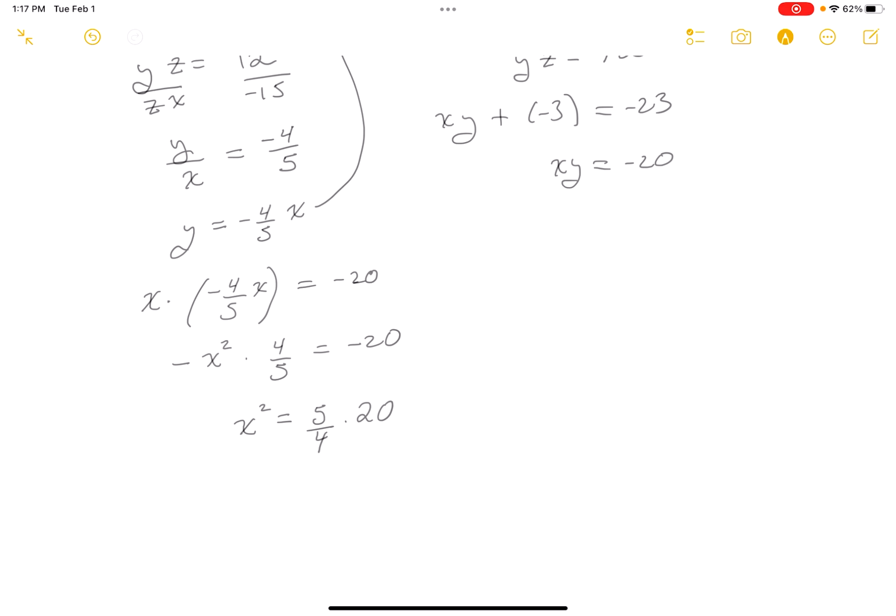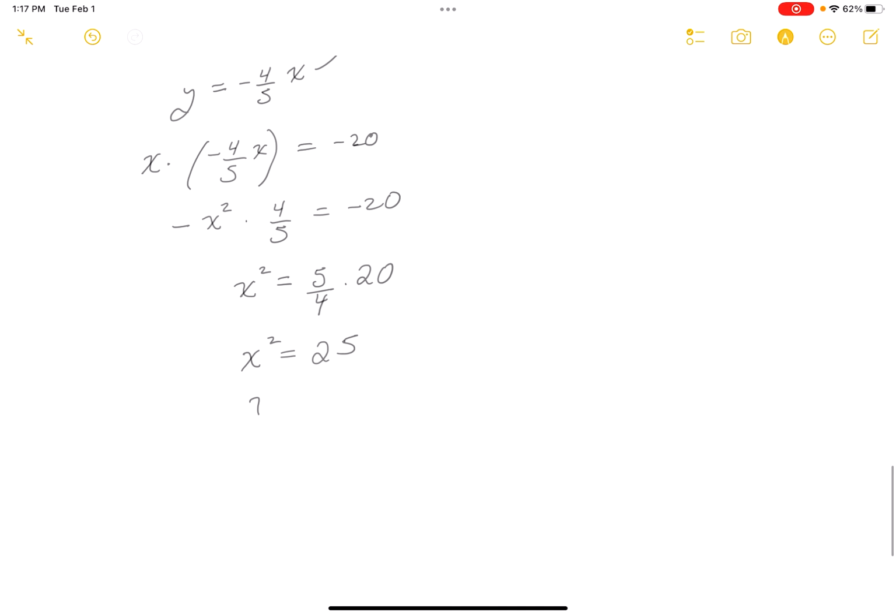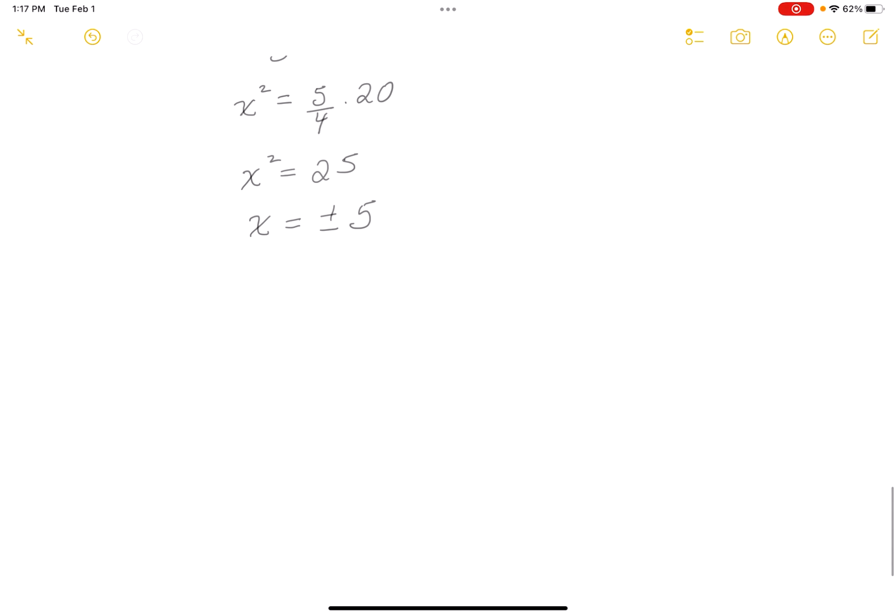I multiply both sides by minus 1, and the reciprocal of 4 fifths is 5 quarters. And what do you get there? x squared is 25, right? So now I get x. What's x? Plus or minus 5. So I'll write this down: x is 5, and the other one is when x is minus 5.